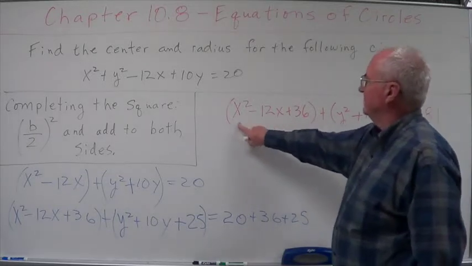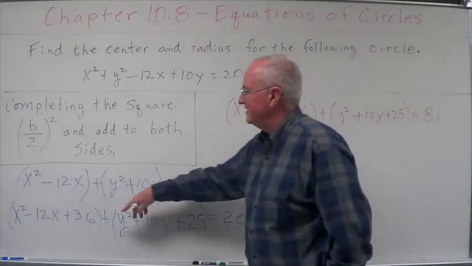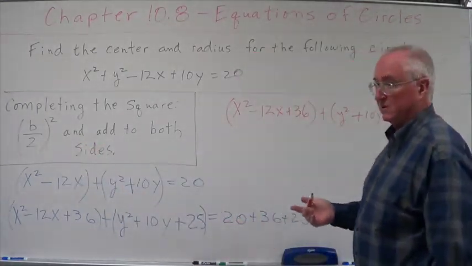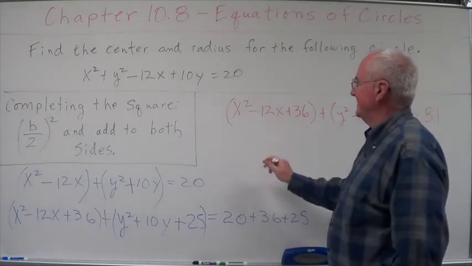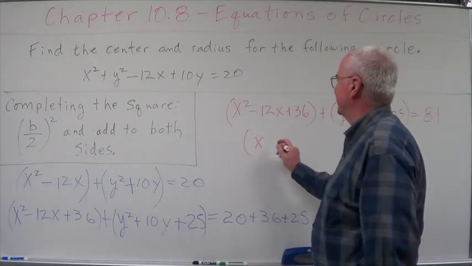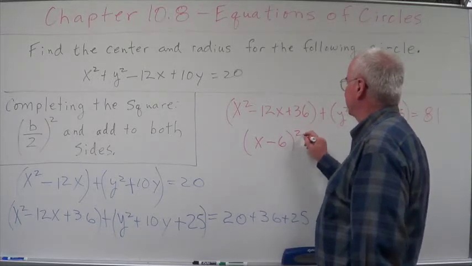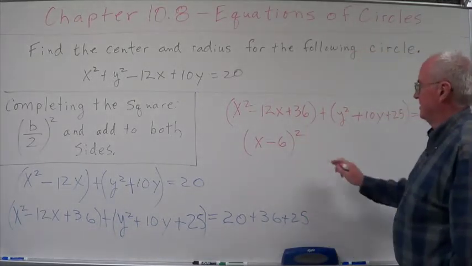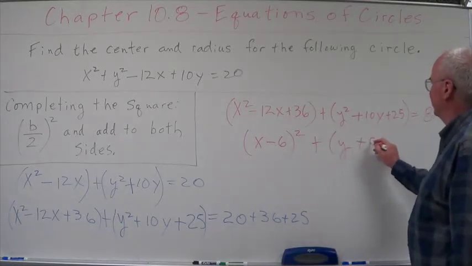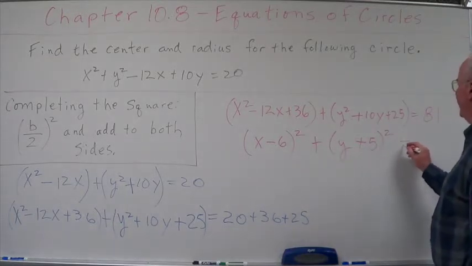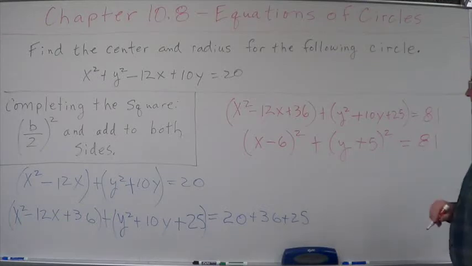Well, what does this equal? We manipulated it so we can determine what it equals. We want it to equal a certain thing. This is the same as x minus 6 squared. And this is y plus 5 squared equals 81.